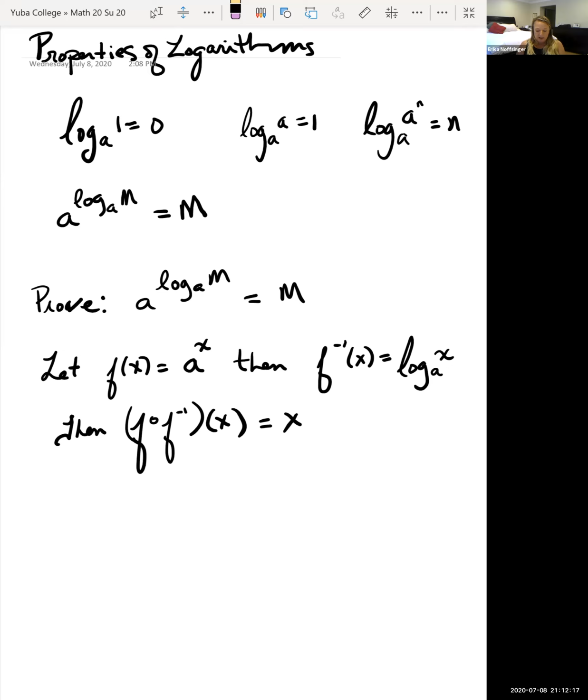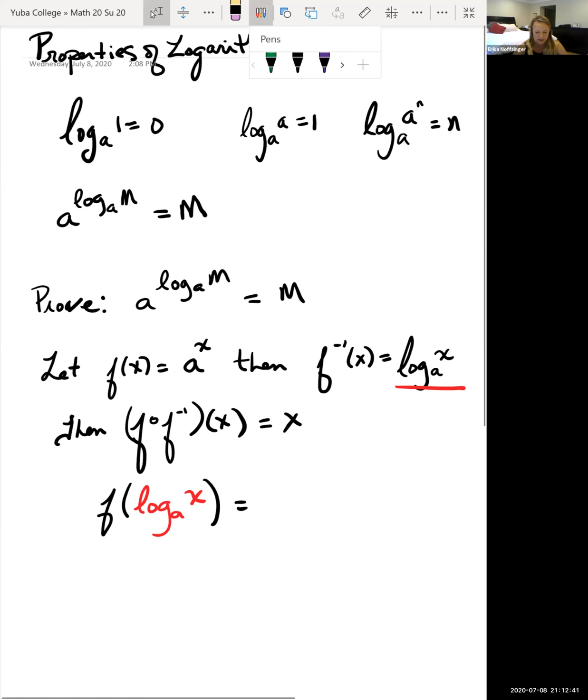Okay, well, let's do that. Let's look at the composition. So this is looking at f of the composition of my inverse function, which is log base a of x. Now I'm going to go back to my function f of x, and wherever I see an x there, I'm going to replace it with that log function.